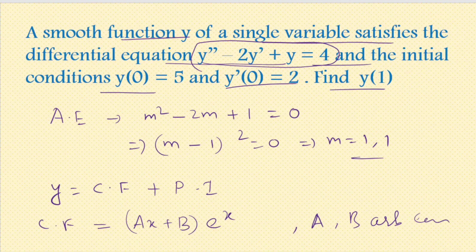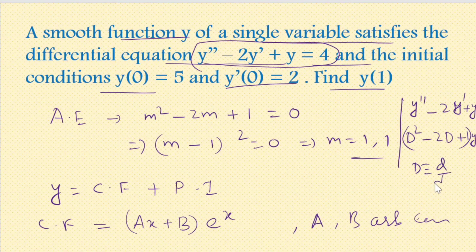If we write this equation, y'' - 2y' + y, in terms of D, it should be written as (D² - 2D + 1)y, where D stands for d/dx. So now we find the particular integral.